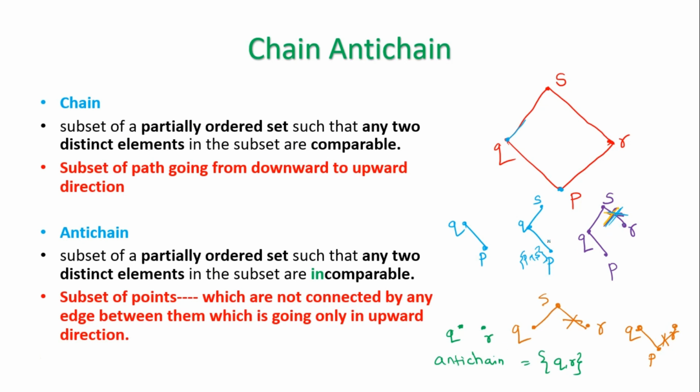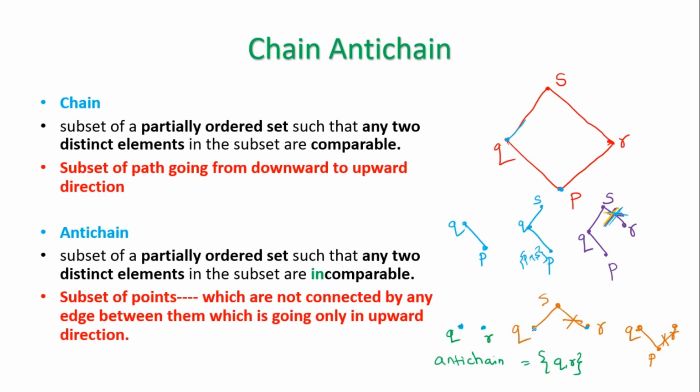For an anti-chain, in simple words, we can say from your Hasse diagram, if any two vertices are not connected by any edge, then there are chances that they are possibly an anti-chain. Or suppose I have to find a path going from Q to R which should be in the upward direction. Can I reach from Q to R with a path going only in the upward direction?